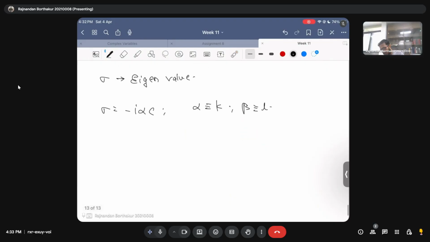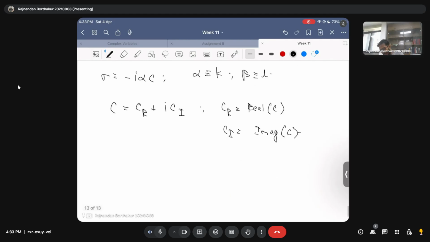Then I can say that c is equal to some real part cr plus i times ci, just like writing some complex number z as x plus iy. Here cr is the real part of c, and ci is the imaginary part of c.